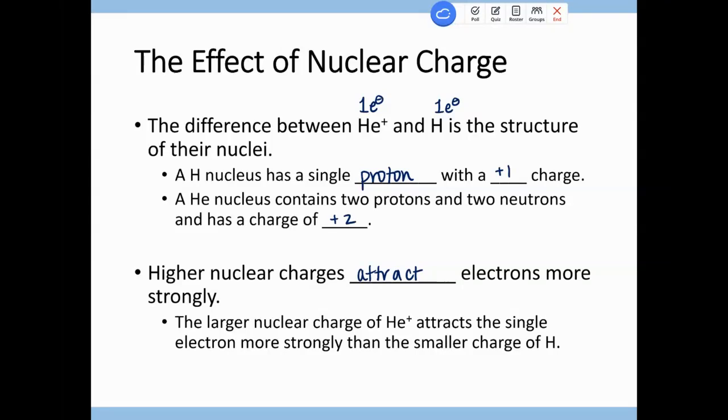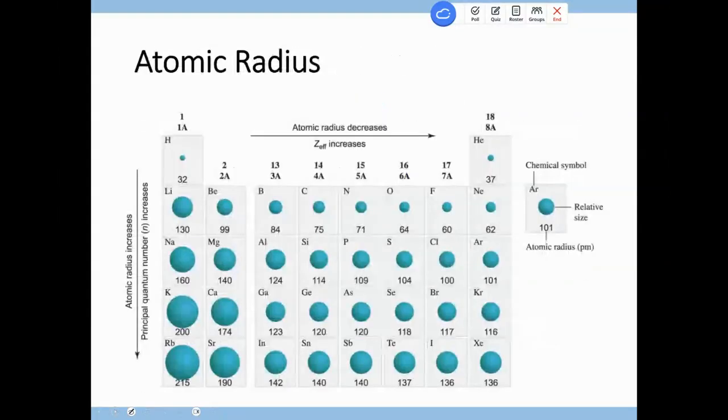So having a +2 nuclear charge for helium attracts that outer electron more strongly than the +1 charge for hydrogen. We'll talk about the difference in cation and neutral atomic sizes in a little bit.